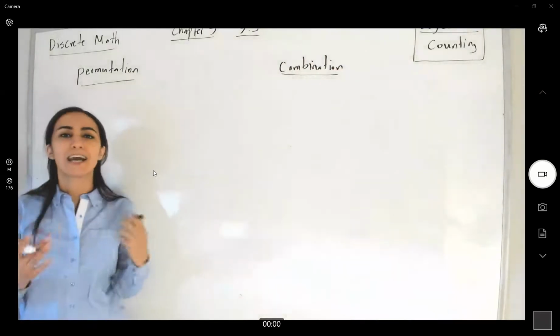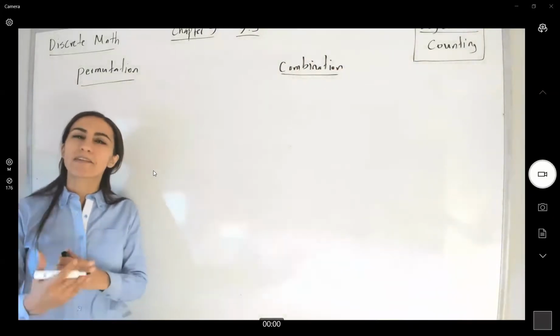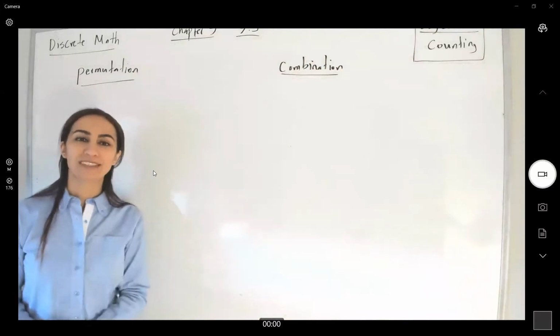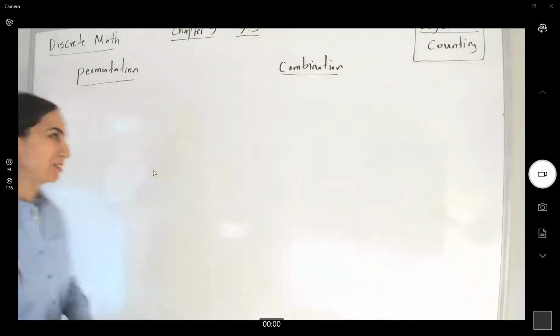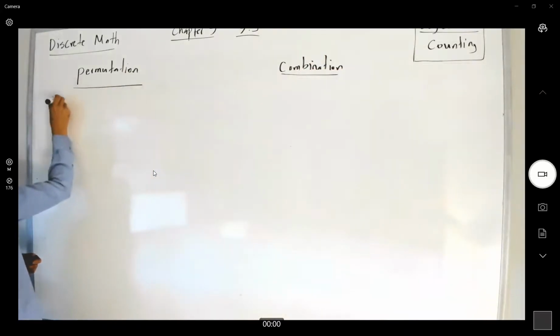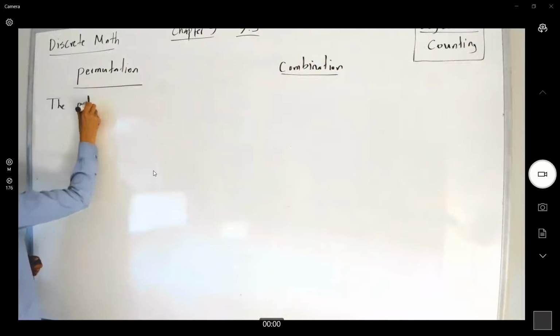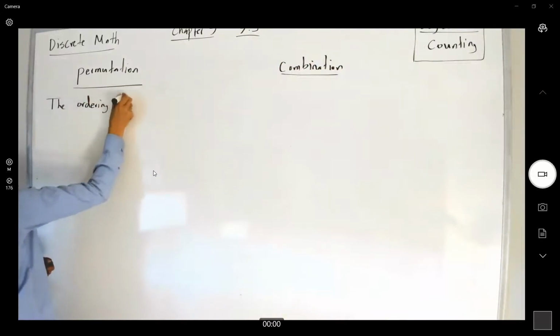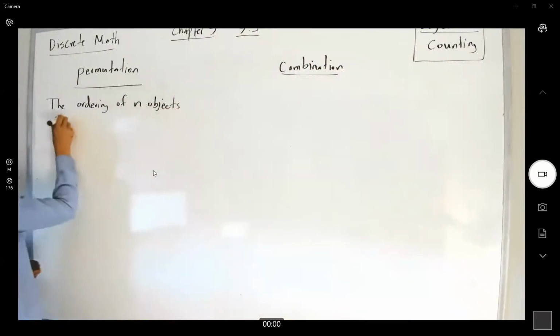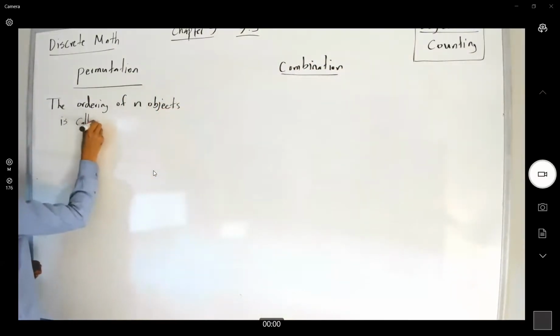Suppose we have n objects. The arrangements, ordering of those n objects is called permutation.